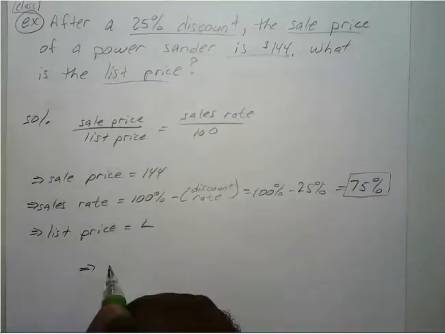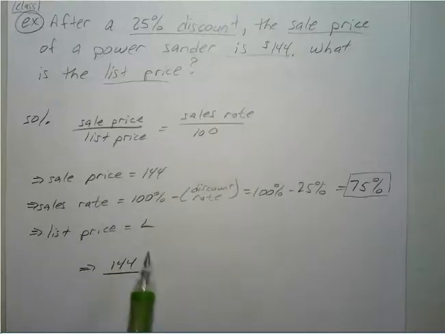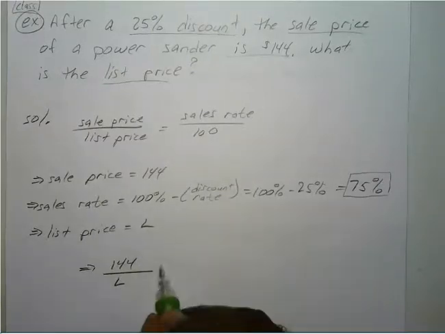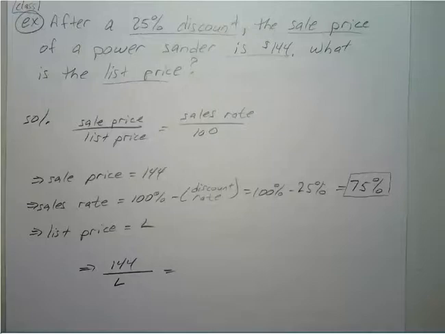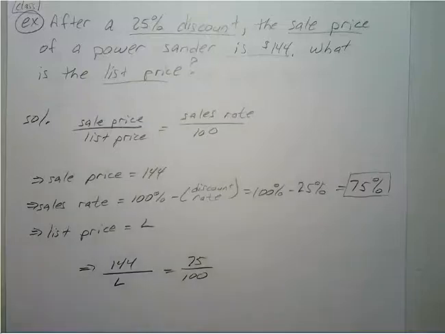Your sale price is 144 over your list price, L, which is equal to your sales rate, which is 75 over 100. Now we cross multiply. So you have 75 times L equals 100 times 144.